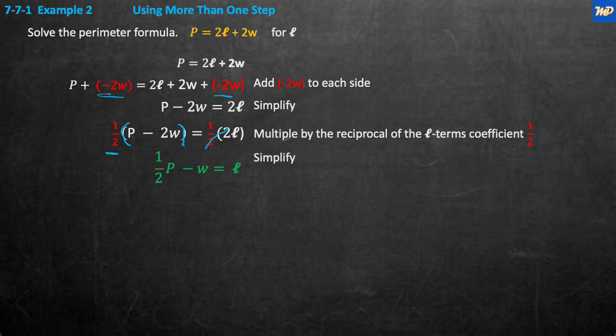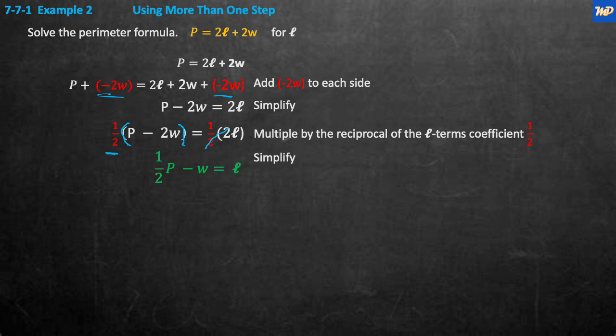But on this side, you're going to end up with a 1/2 P minus W. And how did you do that? Because then you took the distributive property and you said 1/2 times P minus 1/2 times 2W. And the 2 here and the 2 in the 2W cancel each other, so it ends up being minus a W by itself.